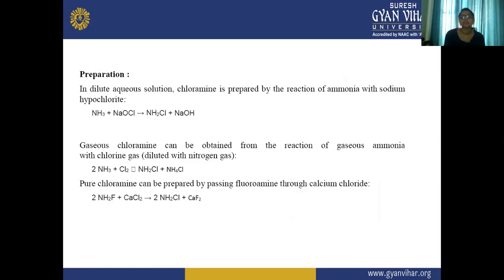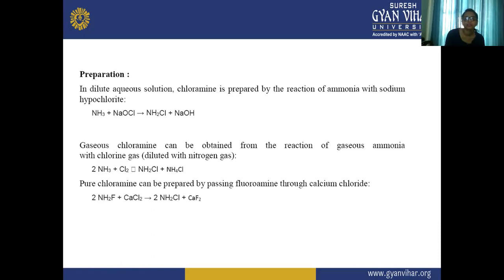In dilute aqueous solution, chloramine is prepared by the reaction of ammonia with sodium hypochlorite. So here NH3 reacts with NaOCl and forms NH2Cl plus NaOH. Gaseous chloramine can be obtained from the reaction of gaseous ammonia with chlorine gas diluted with nitrogen gas.